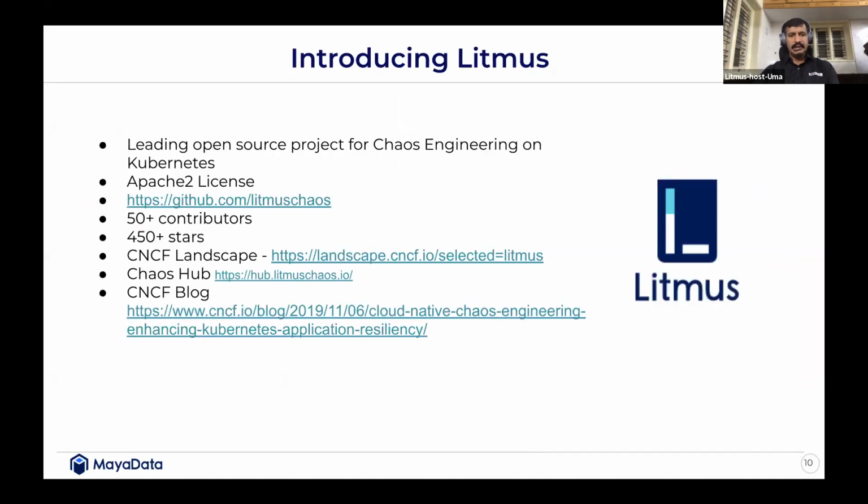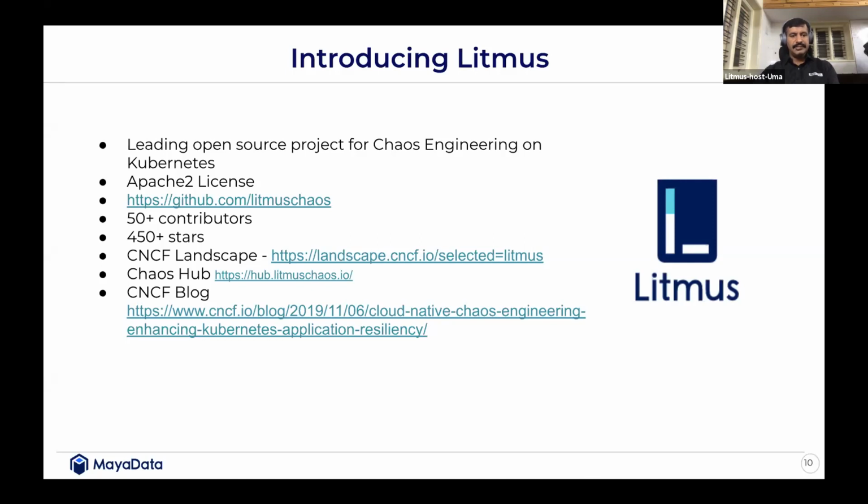So with that, let me talk a little bit about what Litmus has come to so far. There are reasonable contributions from the community out there. One of the primary contributors are OpenEBS developers, who are using Litmus for their testing.